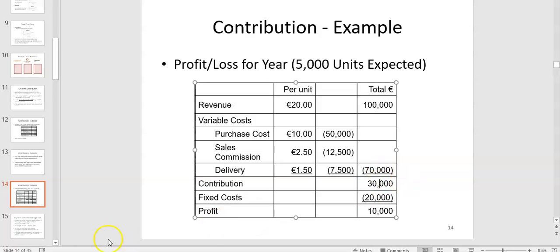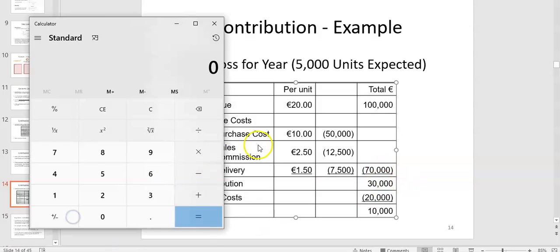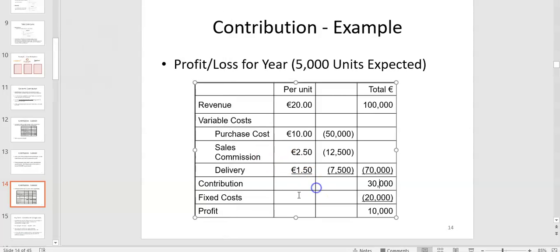For the smarter people among us, you'll jump to that quite quickly and say that's actually just 5,000 units at 6 euro. So you can cut to that more easily, which means 30,000. And that means I'm going to make a profit because my 30,000 contribution more than covers my fixed costs for the year.